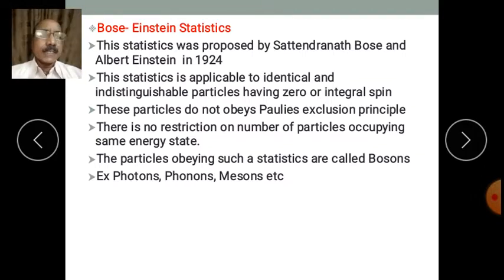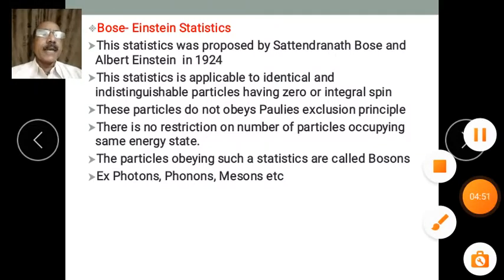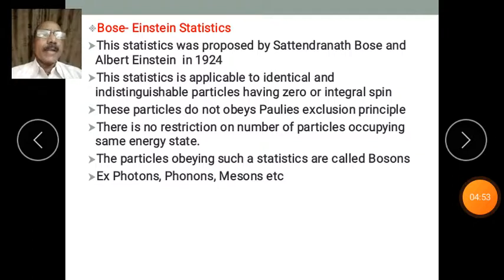For such types of particles, Bose-Einstein statistics is applicable. Another condition is that there is no restriction on the number of particles occupying the same energy state.